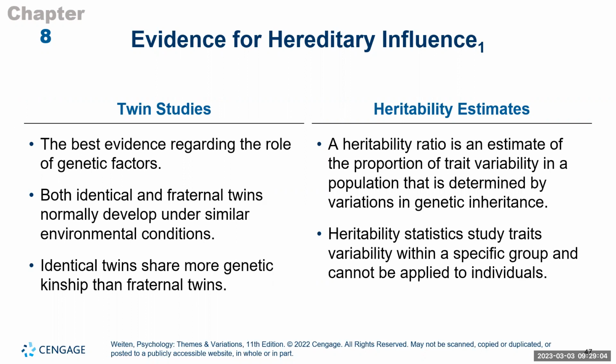With identical twins, we want to see if genetics plays a role in intelligence. So with twins, we're looking at what we call heritability estimates, okay? What heritability means is how much genes and gene expression are accounting for the variability in intelligence, right?